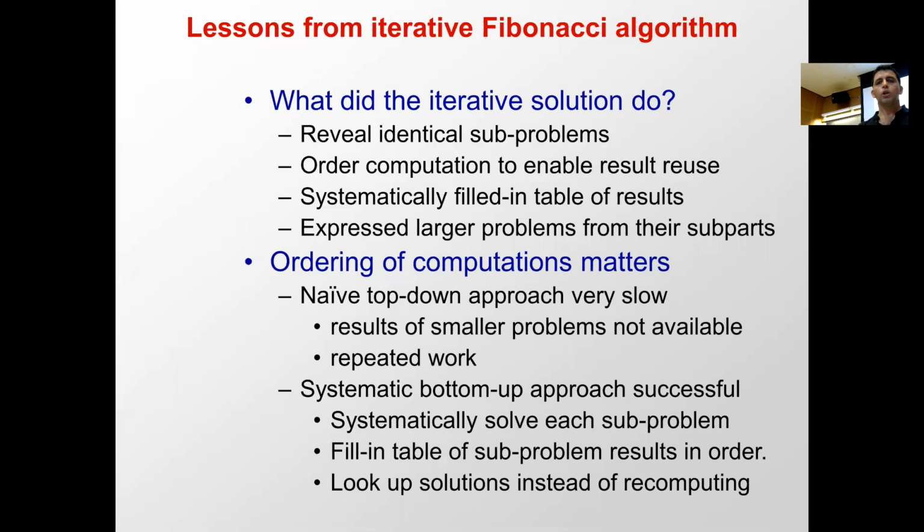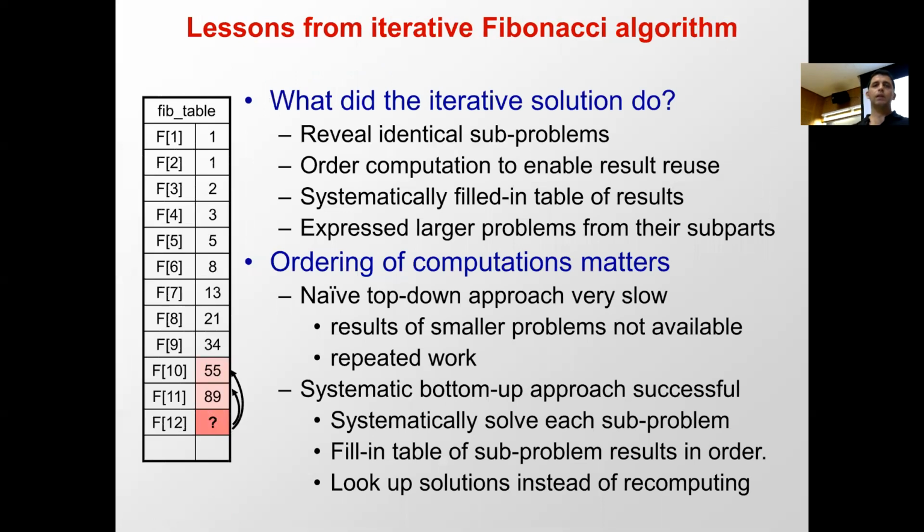Okay, so what did we do? We basically decided to reveal the identical subproblems, to order the computation in order to enable the reuse of our results, to systematically fill in the table of the results from the bottom up, and to express larger problems from their subproblems. And the ordering of the computation matters greatly.